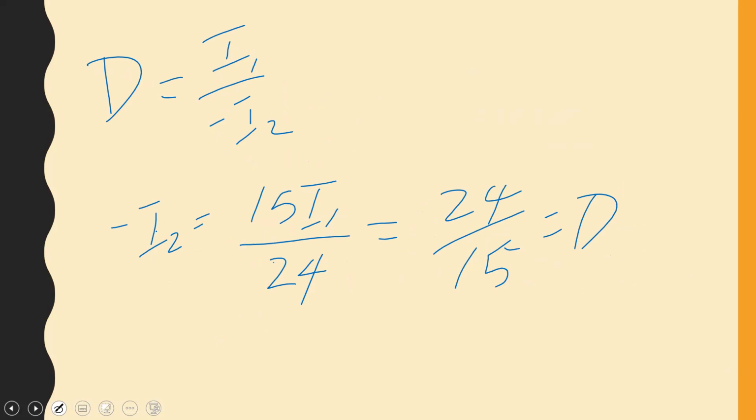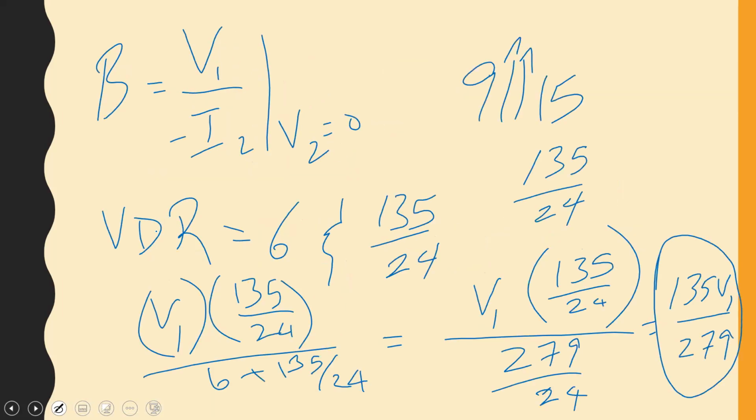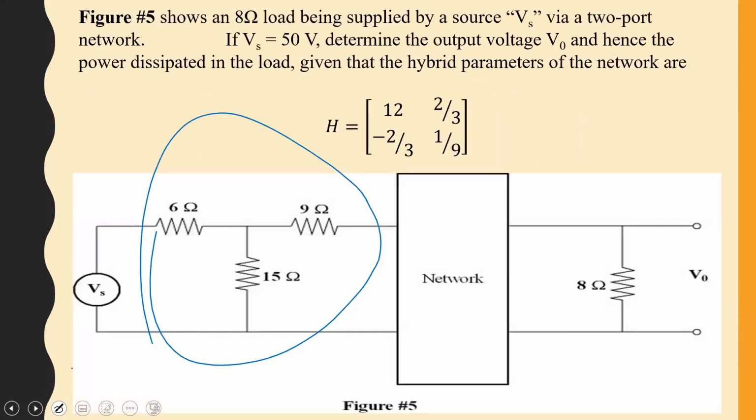Yes, Mr. Boro. Could you go over B for me, sir? I'm getting 31 over 15, so I'm wondering if I did something wrong. All right, so you agree that this is fine? What we're trying to do is to find the relationship between V1 and I2 with this being short-circuited.